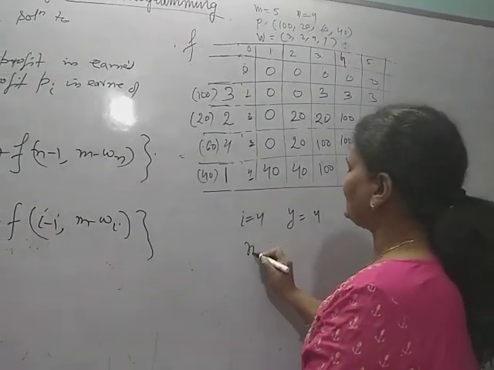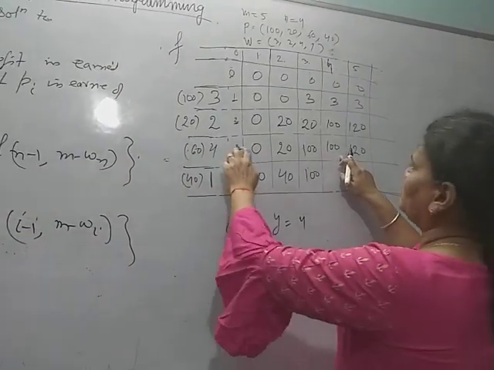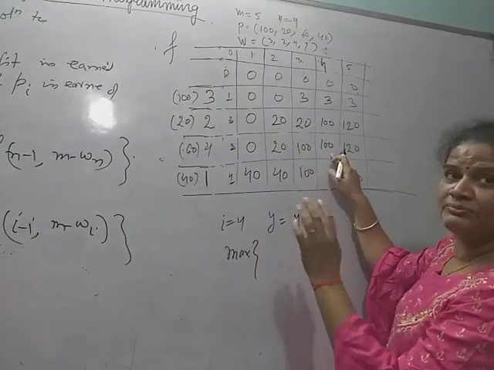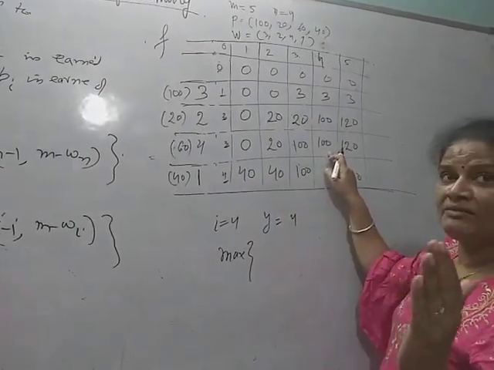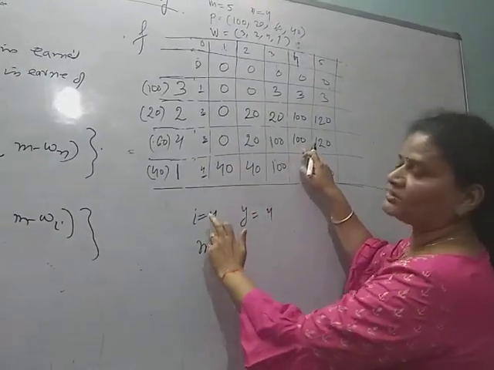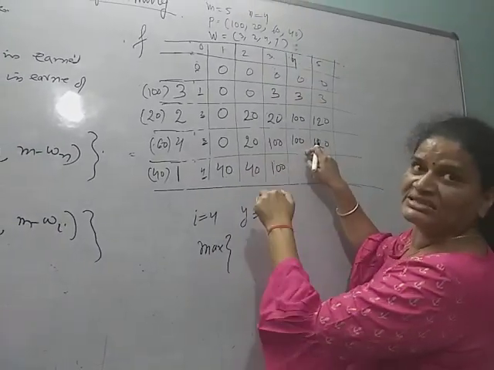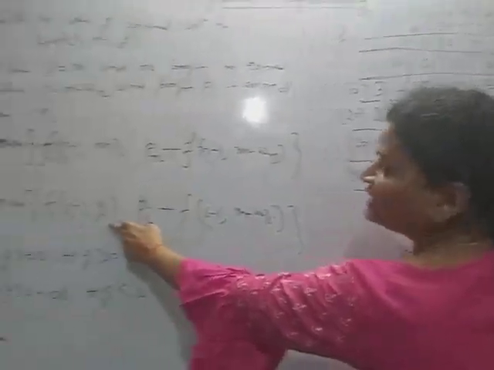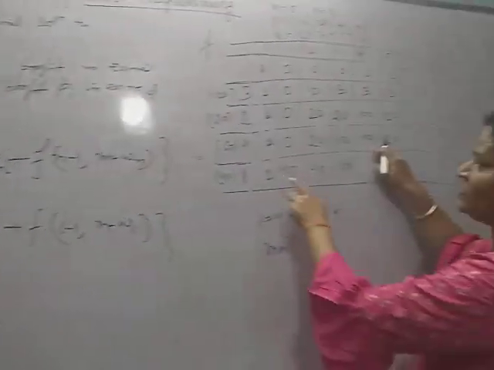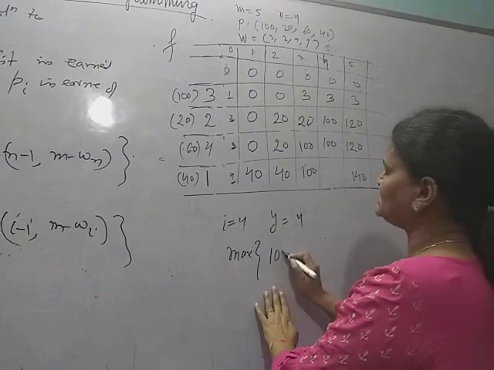If the fourth object is excluded, then this entry is giving the maximum value of the profit when the previous objects, that is, up to i minus 1 objects, the decision is done for this y. So this is giving f(i minus 1, y). So if I am excluding the fourth object, this one is copied.